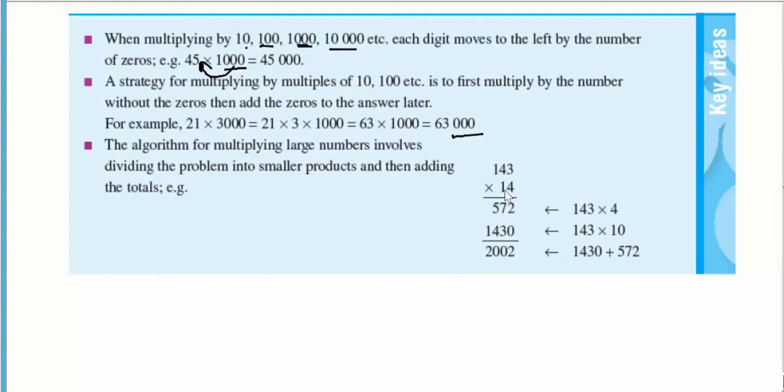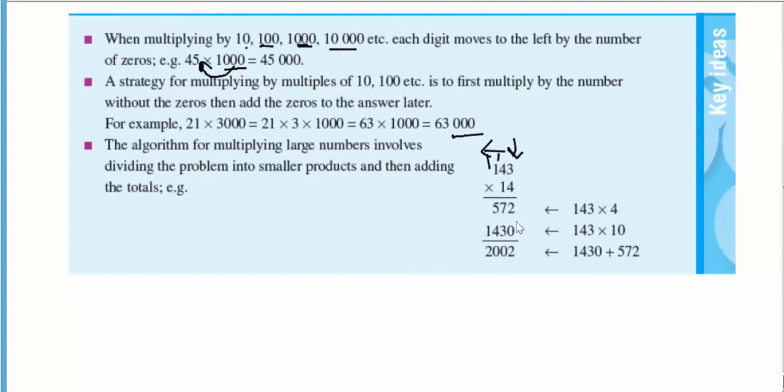Forget the 1 at the moment, we're going to multiply the 143 by 4, one number at a time, starting on the right and working to your left. 4 times 3 is 12, so we write the 2 and carry the 1. 4 times 4 is 16, add the 1, which is 17, write the 7, carry the 1 again. 4 times 1 is 4, add the 1, which is 5.